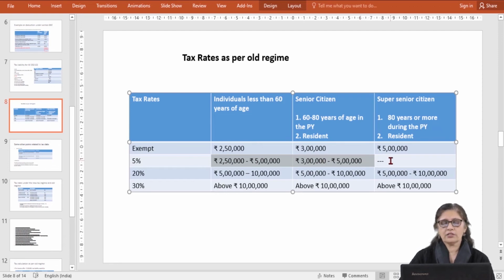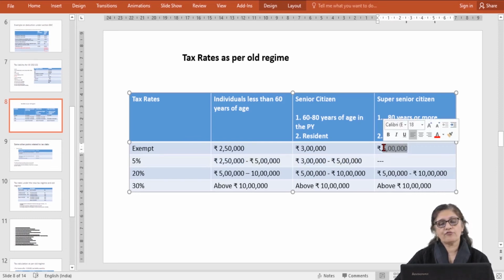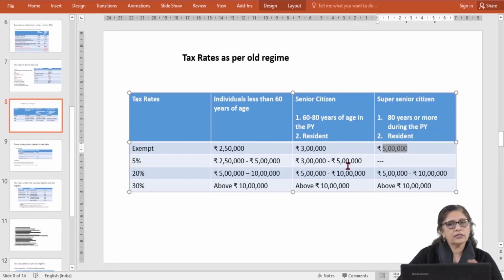And for a super senior citizen, the 5% tax slab does not exist. Why? Because his tax exemption limit is 5 lakhs. So 250 and next 250, 3 and next 2. So 5% tax rate does not apply to a super senior citizen. Up to 5 lakhs, his income is exempt from tax.